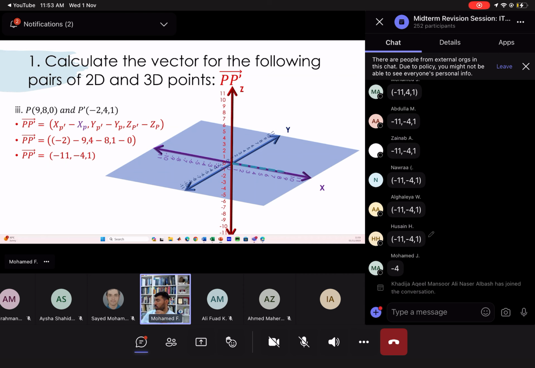We move on the x-axis 9 points, on the y-axis 8 points, and then we go up how many points? 0. So we just got that point here. However, if we go to the second point, we go minus 2, then we go 4 points, and then we go up 1 point. Okay, let's do that.